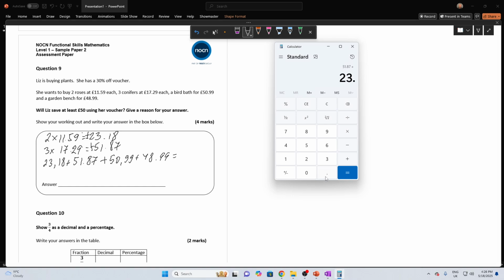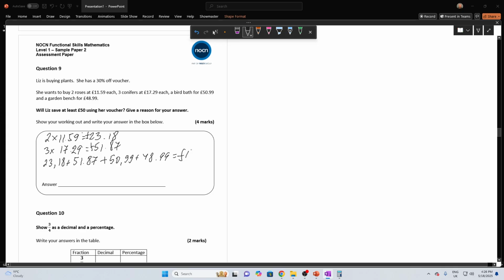I have already 51.87, now I'm adding the roses. Now let's add the bird bath and then the bench. So the total is 170 pounds and 3p. So now we need to calculate the discount.